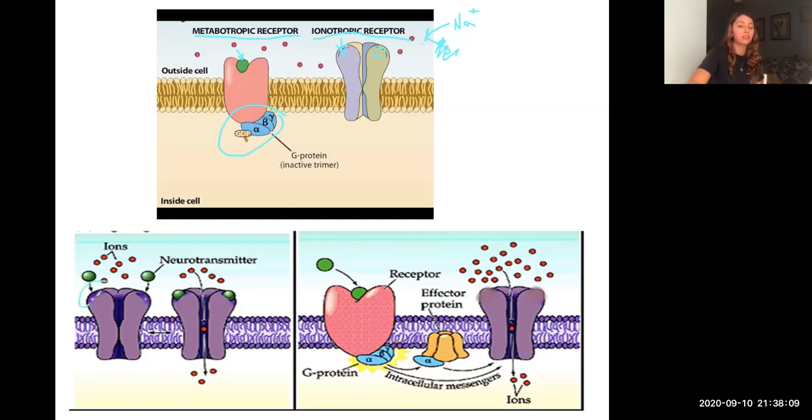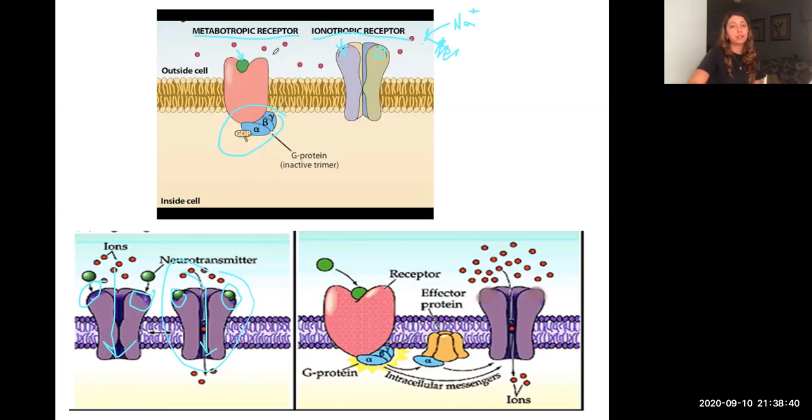I don't think we need to know this, but they go right there. And then the ions will go into the cell after they connect, as you can see in this one. So the neurotransmitters fit in these little holes on the side of the ionotropic channel or receptors. Then the ions will rush into the cell, which would have been sodium in this case.